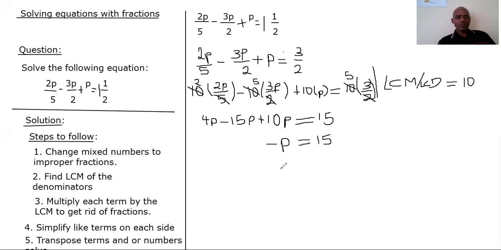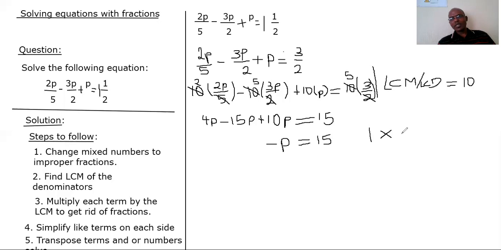Then from there, I move on to my fifth step, which says I have to transpose now, right? So in this case, we can see here that we are having negative p is equal to 15. So I must transpose the negative to go on to that side, which means I just have to multiply by negative 1.